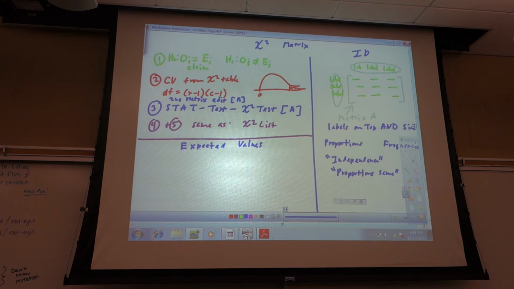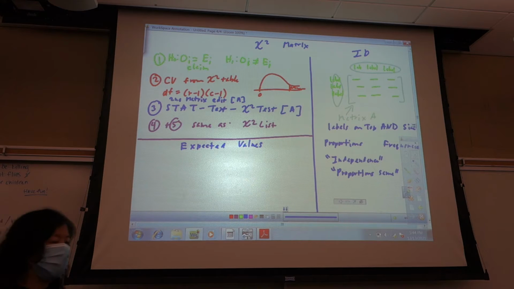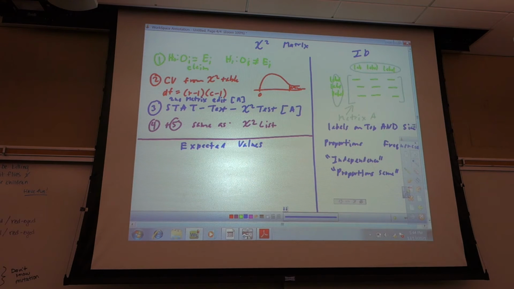Okay. So which expected values do we need to locate? Right, so just say E11 and E33. Yeah, so the first one and the last one. So it may not always be 3, 3. It's whatever the last row and the last column is. So we need to find the first and last in the matrix.